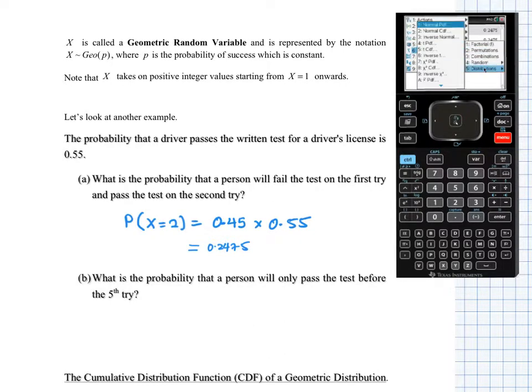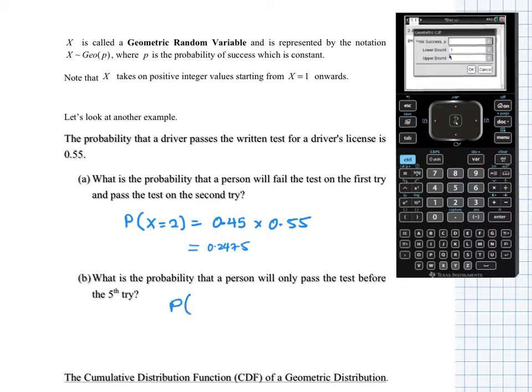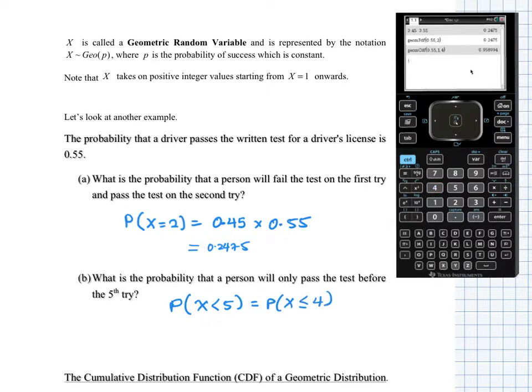So if you look at the calculator, we want P(X less than 5), and that is the same as P(X less than or equal to 4), and you can see that the answer from the calculator is 0.958994, approximately 0.959, giving your answer to 3 significant figures.